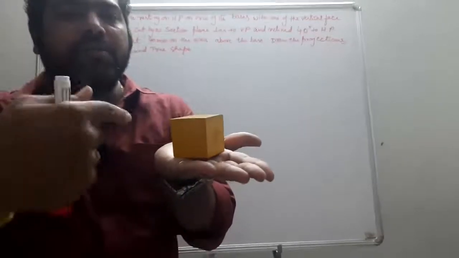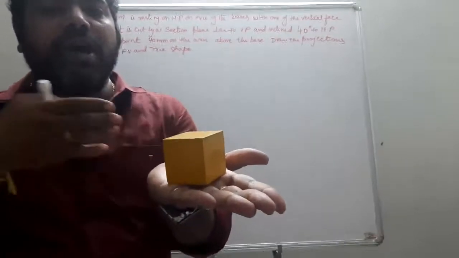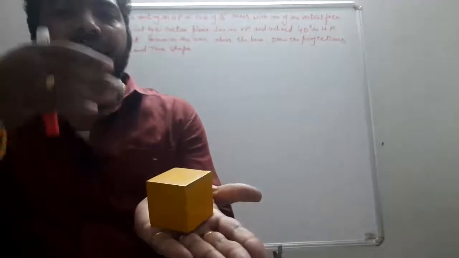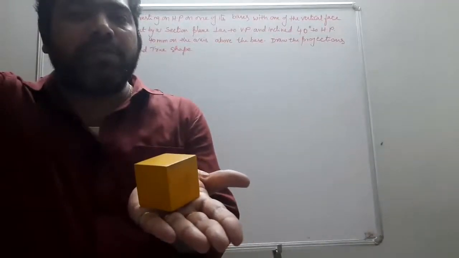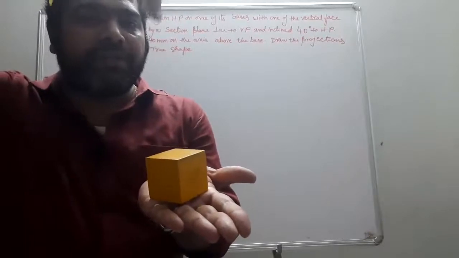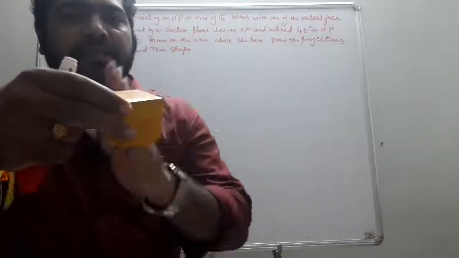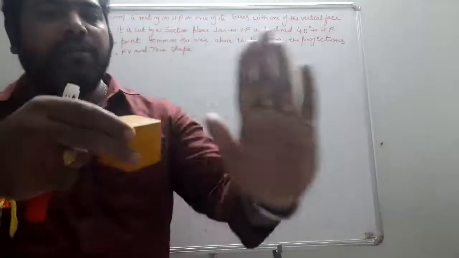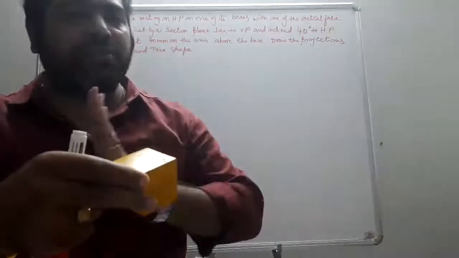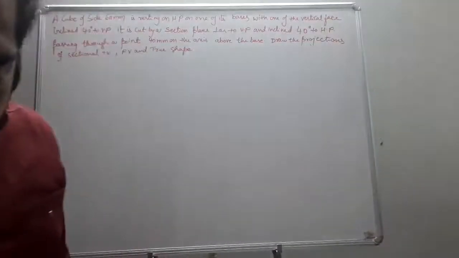When you see from the front, you don't see how much it is inclined. When you see from the top, you see that it makes an inclination of 40 degrees to the VP.